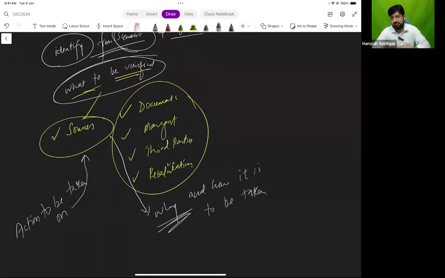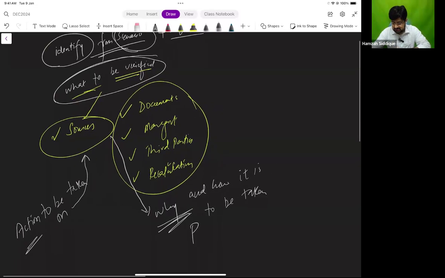Why is very much important. Which action to be performed? Action to be performed. Very important. So this is what I say: action, source, and purpose.